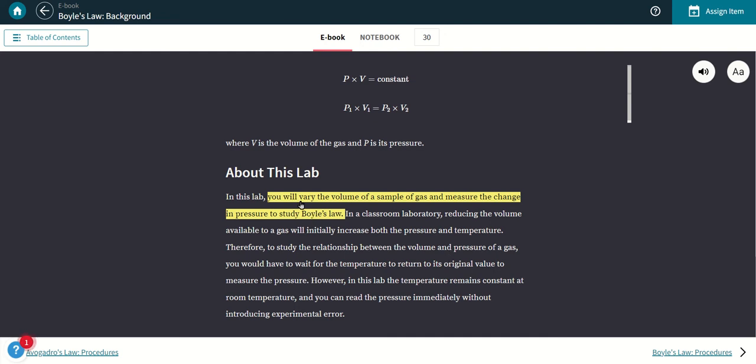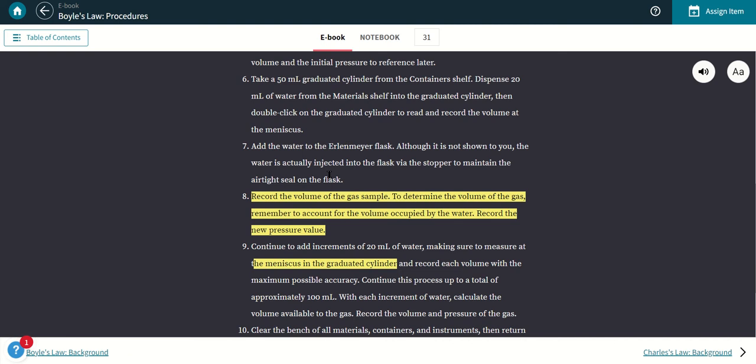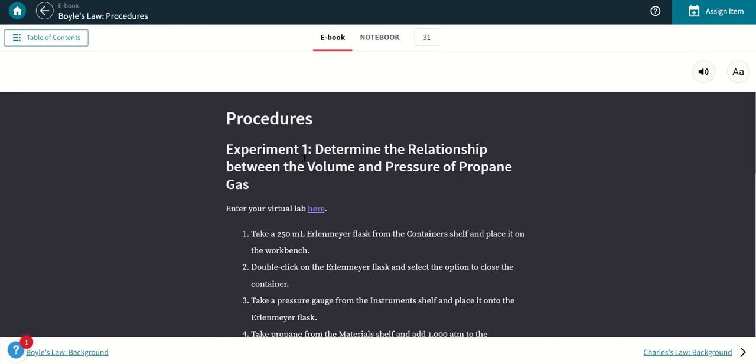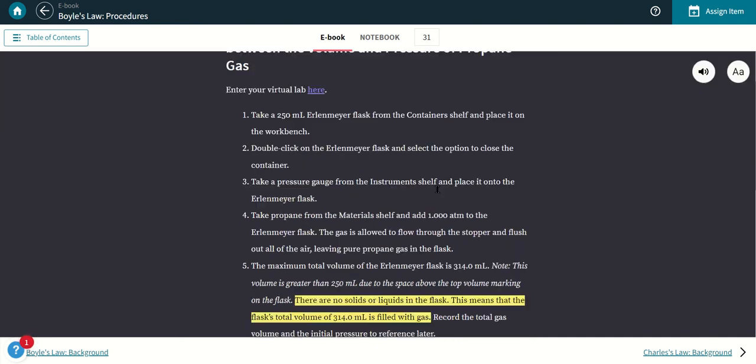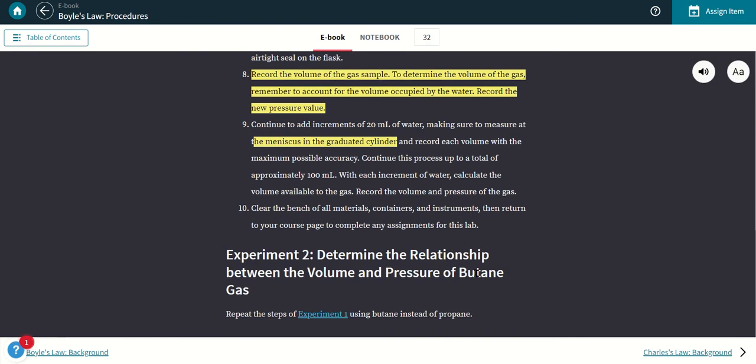So what are we doing in this lab? Like I said, you are changing the volume of a sample of gas, and then you're measuring the pressure, and you will get to see Boyle's Law in action. You're doing 2 experiments. One has to do with the P and the V for propane, and then the other is for butane.